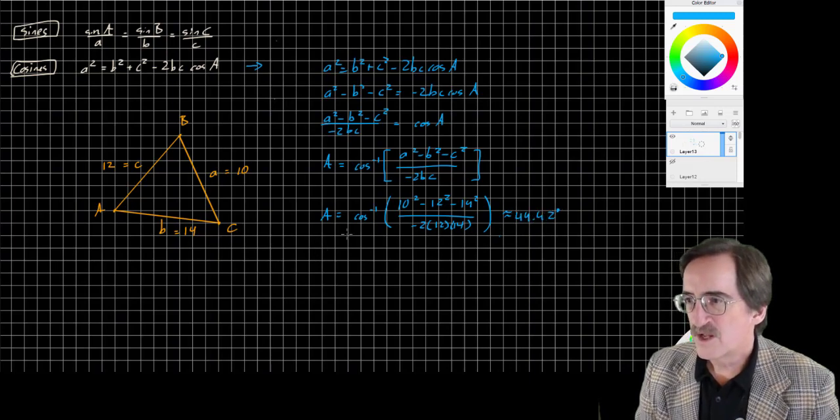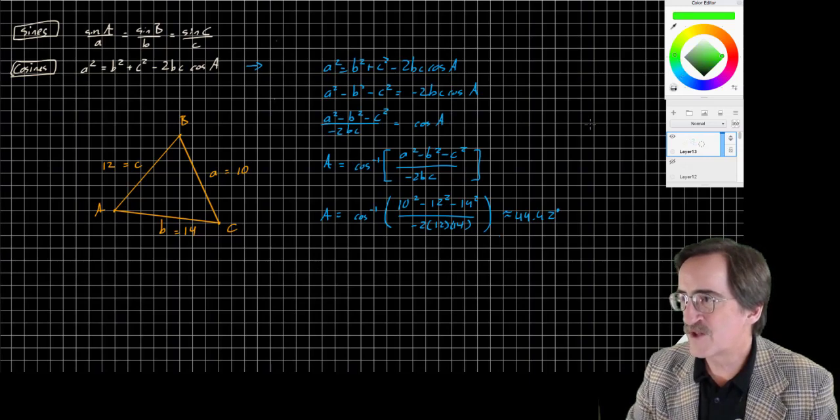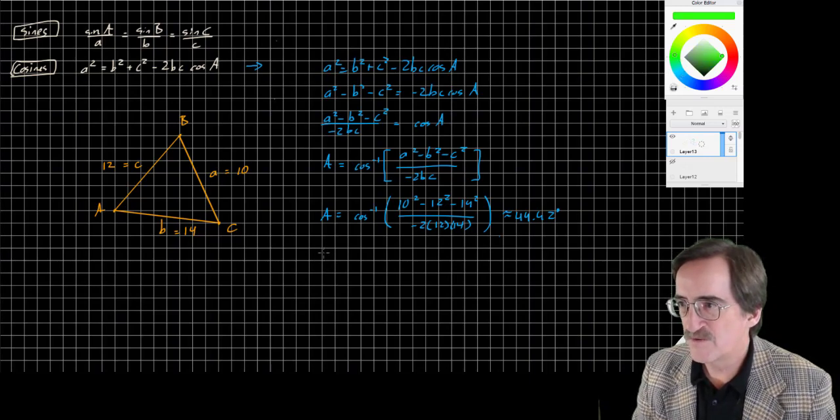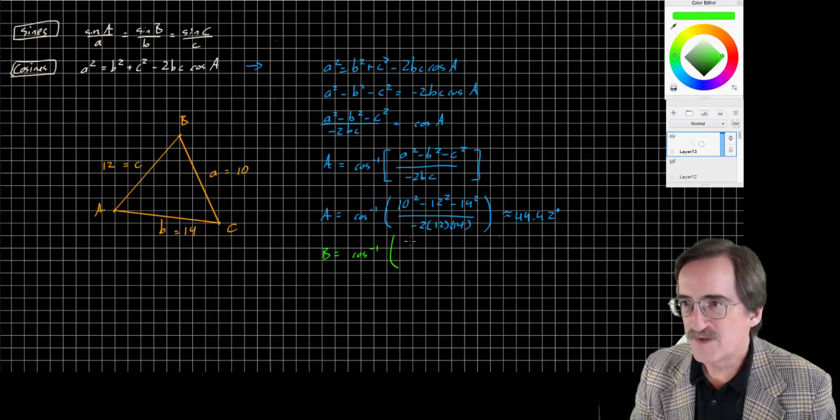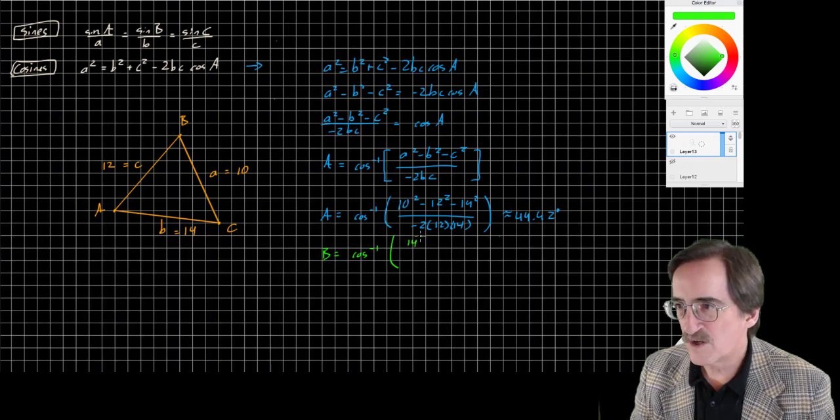Okay, and I can do the same thing for B and C. So B, arc cosine. Okay, the b squared, so 14 squared minus 12 squared minus 10 squared, divided by -2 times 12 times 10.